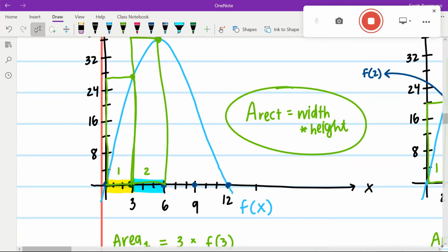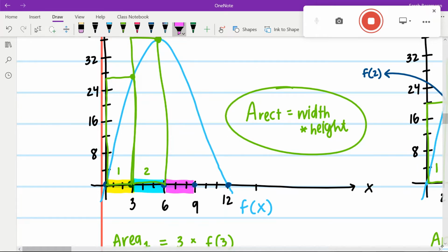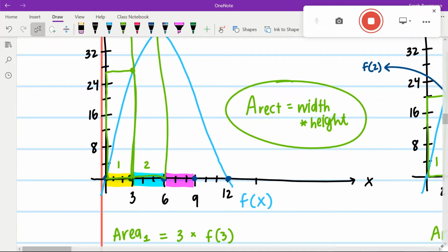For our third segment, we are looking at the section between 6 and 9. The right endpoint between 6 and 9 is 9, obviously. So we need to figure out how high is that going to go. That goes up to about, let's see, maybe around here. So we'll draw our rectangle in.